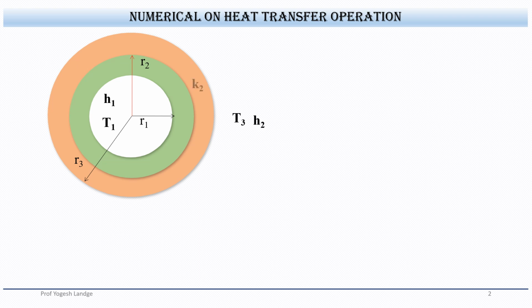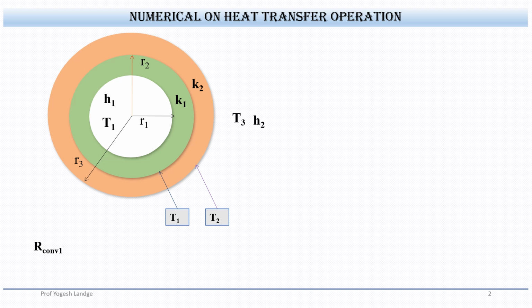K2 is the conductivity of the insulation material, K1 is the conductivity of the metal pipe. T1 is the surface temperature of the metal, and the other is the surface temperature of the insulating material, that is the mineral wool. So this is the data with us.